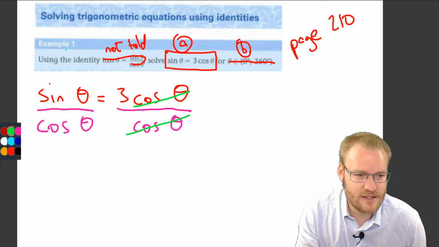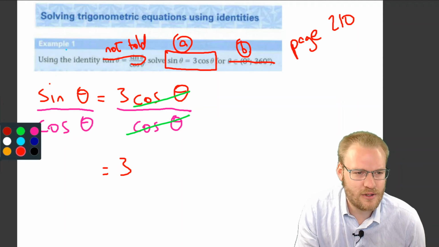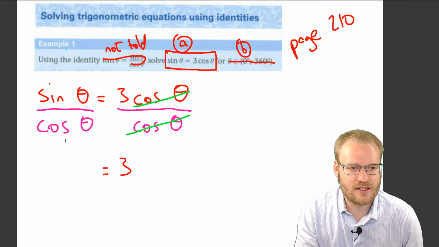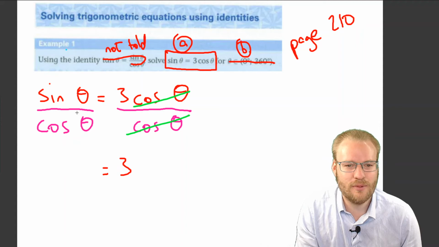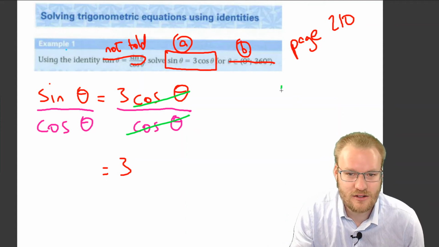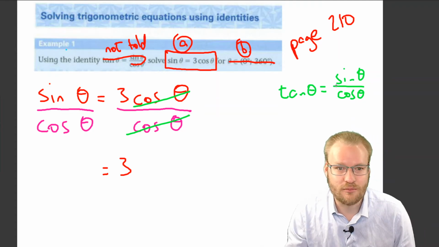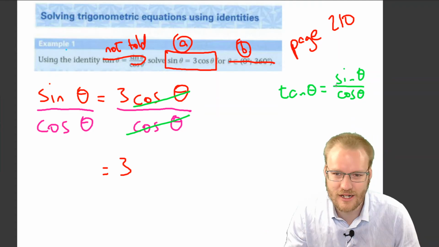On the right-hand side, we just get equals 3. But wait a second, sine theta over cos theta looks like we've made it more complicated, except our first trig identity is tan theta equals sine theta over cos theta.